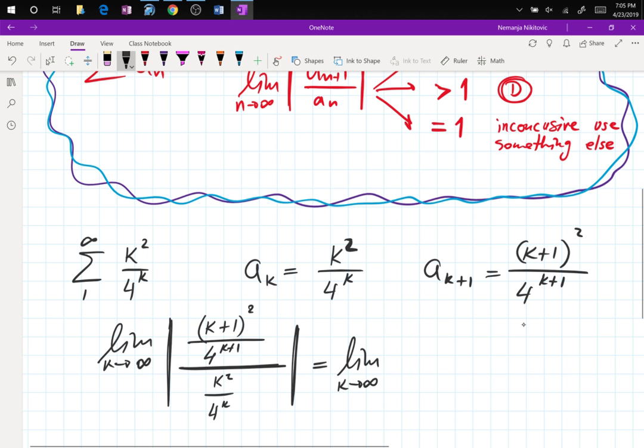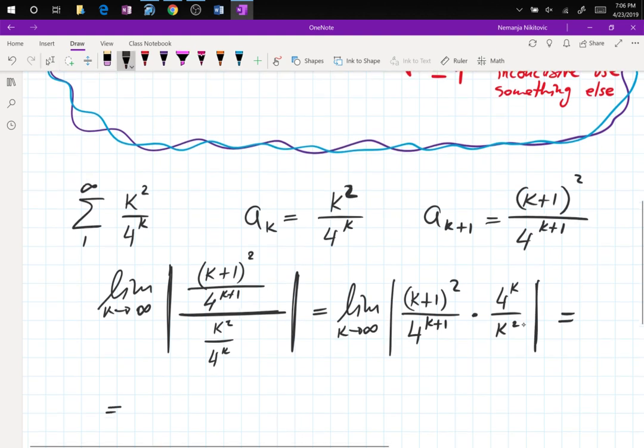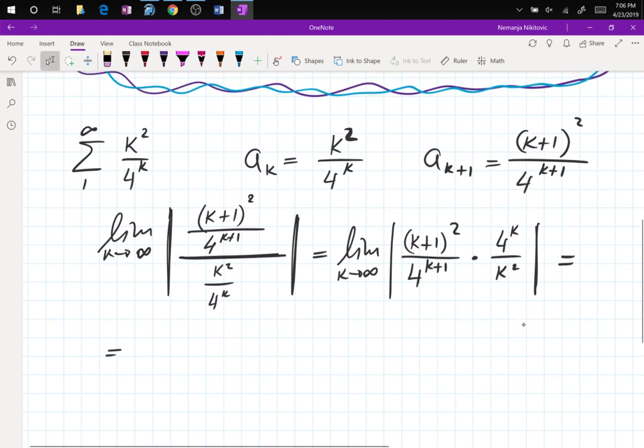So this is (k+1) squared divided by 4 to the k+1, main division. You know the way to divide fractions. You take the one on the bottom and flip it into multiplication. So we have (k+1) squared over 4 to the k+1 times 4 to the k over k squared. And now we just have to do calculations here. So I have the limit, k goes to infinity. And guys, this is the $1 million move over here.